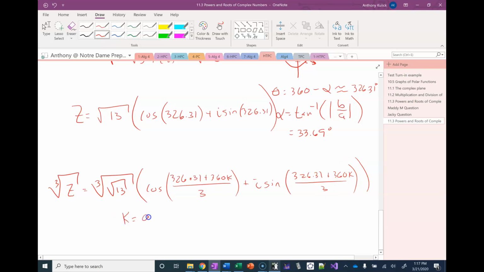And then k is going to equal 0, 1, and 2. So again, we start at 0, and we do 1, 2, and we go up to n minus 1.